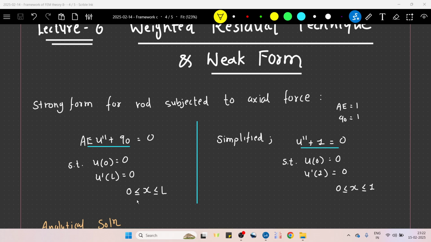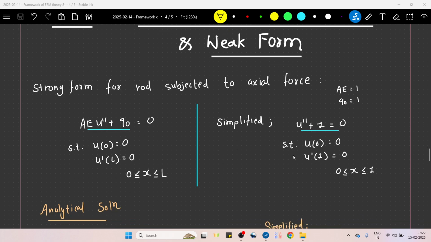Our length of the rod is L. This is simplified, considering a unit rod of unit length: u double dash plus 1 equal to 0, subject to boundary conditions u at x equal to 0 equal to 0 and u dash at x equal to 1 equal to 0. So these are the two boundary conditions.